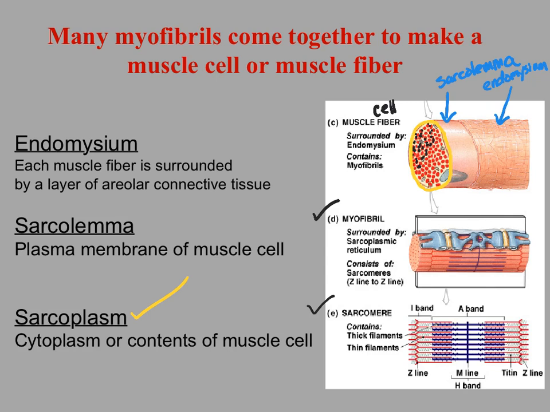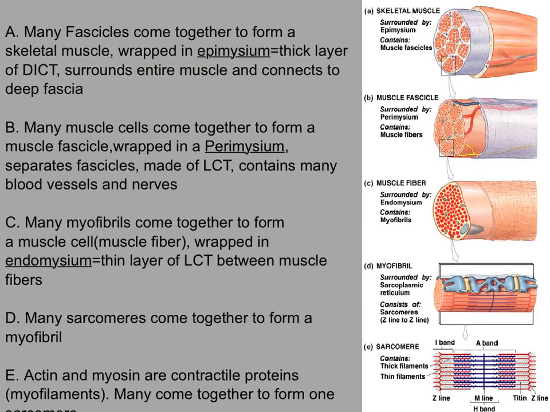Okay, so that's where we are in the levels of organization. We are now at the cellular level of organization. But that's just one individual skeletal muscle cell. So many skeletal muscle cells come together to create what we call a fascicle.